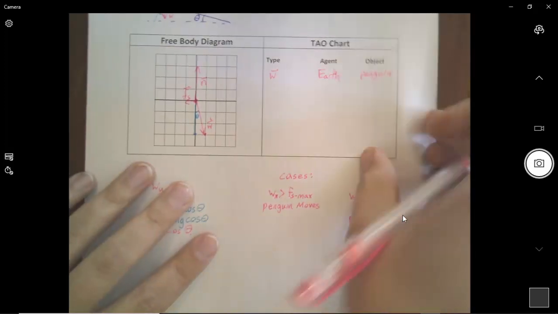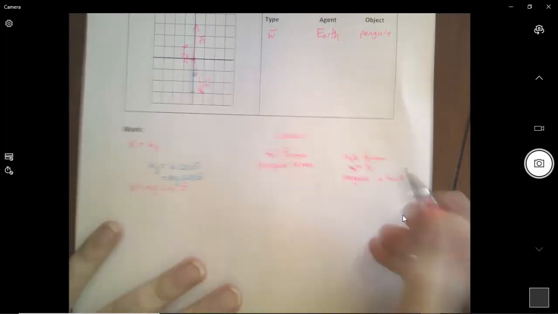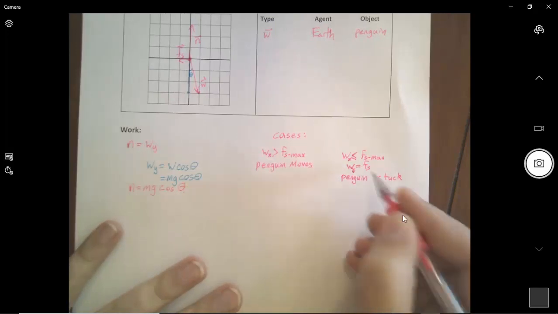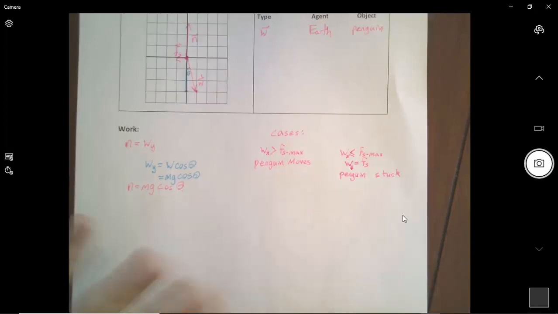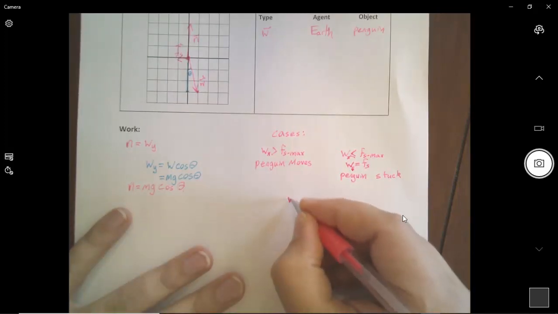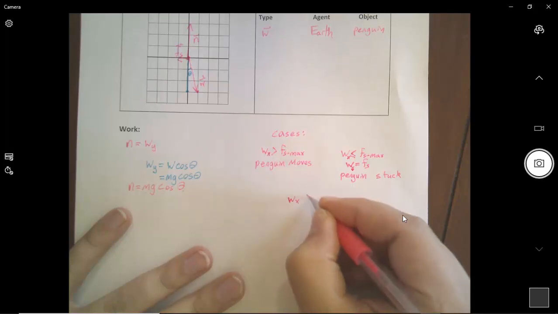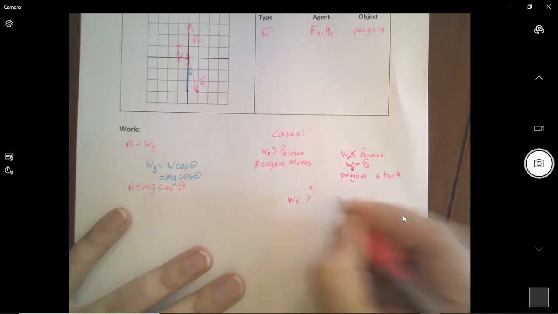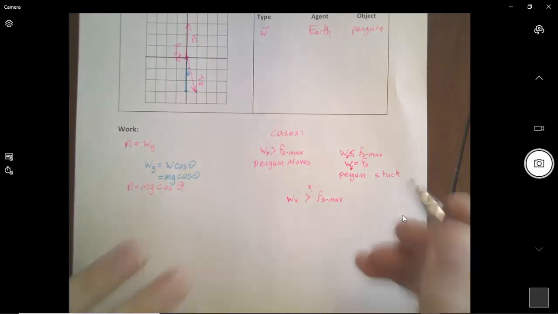So what we're going to do is look at the equation of Wx and Fs, particularly Fs max, and see how they compare. So we're going to have Wx, and then we're going to put a greater than question mark Fs max, and we're going to plug in what we know.